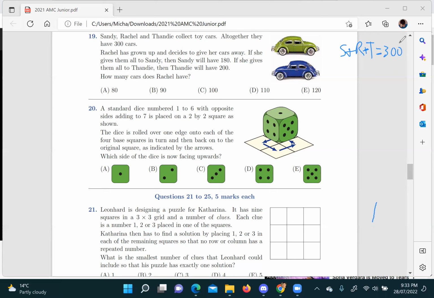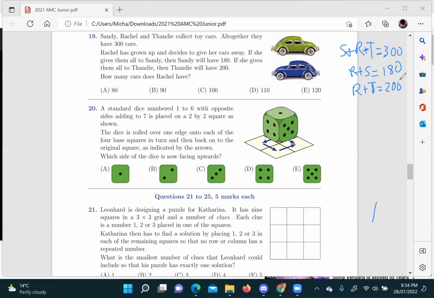And you know that gives them away to Sandy. So R plus S equals 180, right? And if she gives them to T, so R plus T equals 200, yeah, you know?